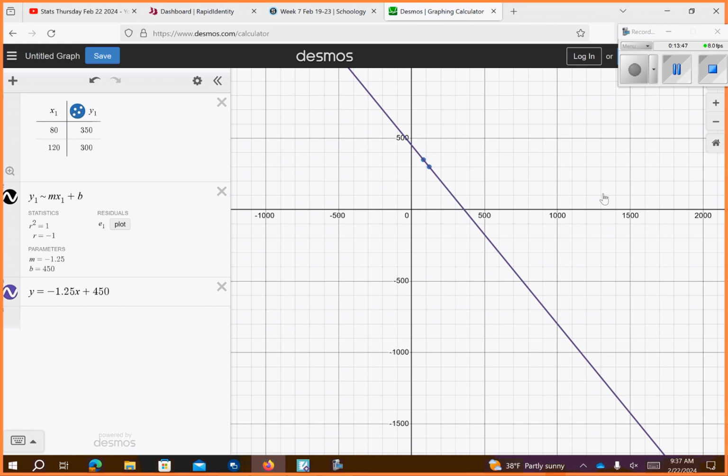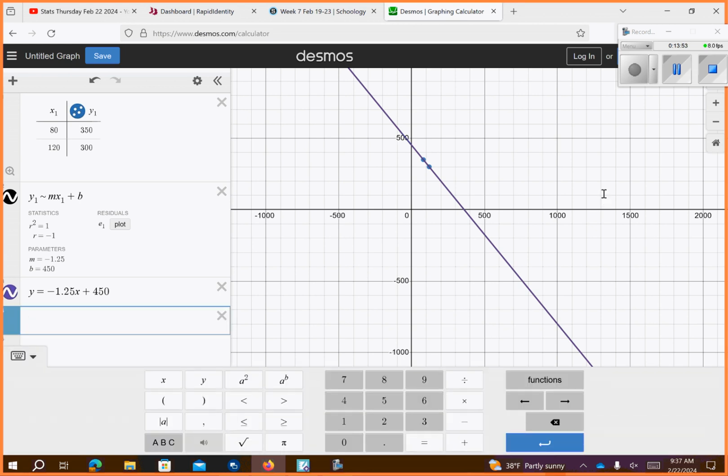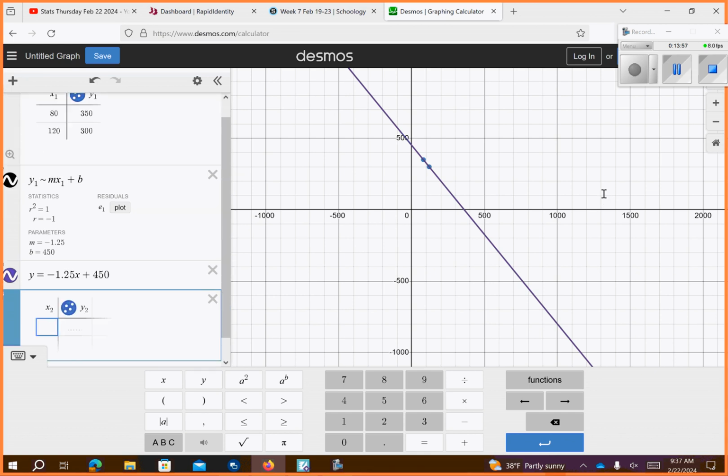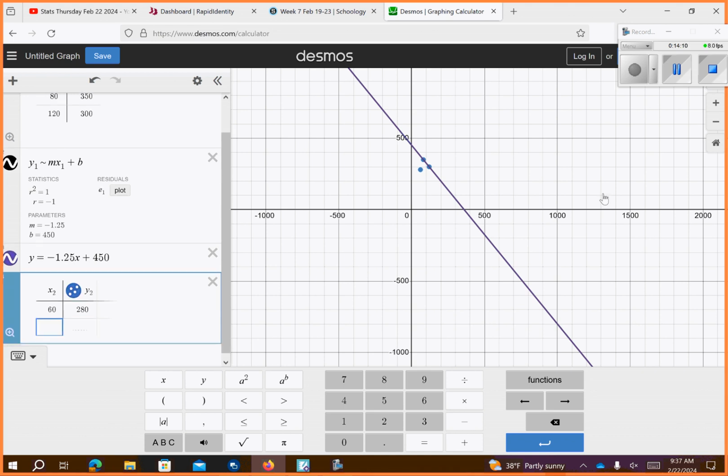The wholesaler is willing to supply 60 widgets. Okay, so now I have to make another linear equation. Table. So he's going to go 60 and 280 and 140 and 370.